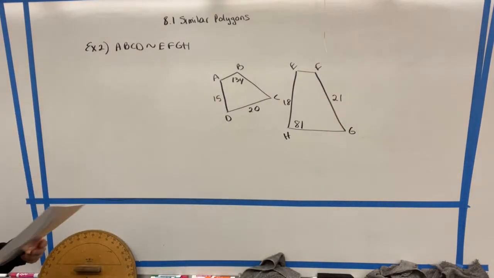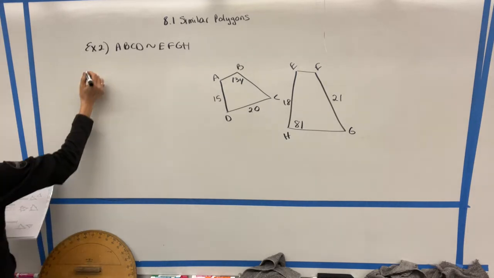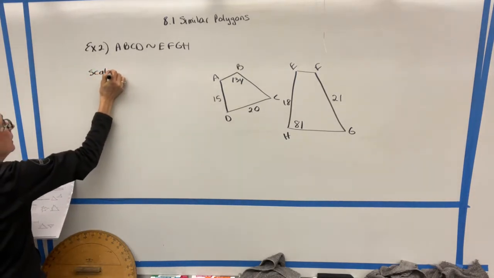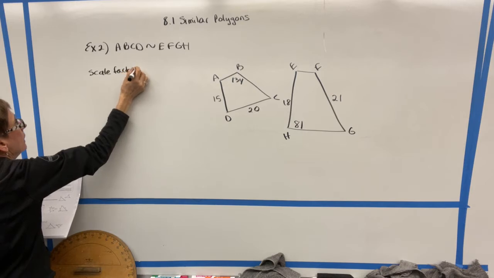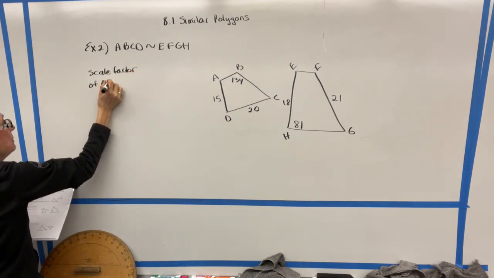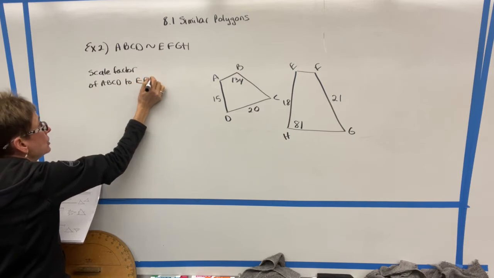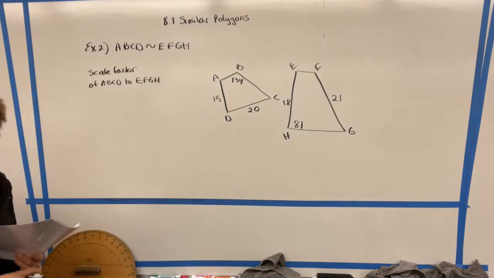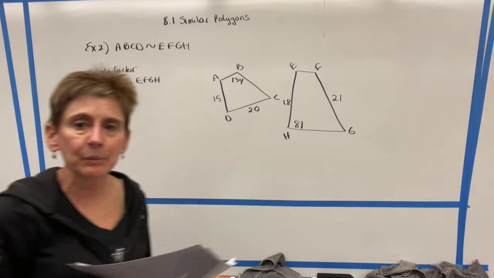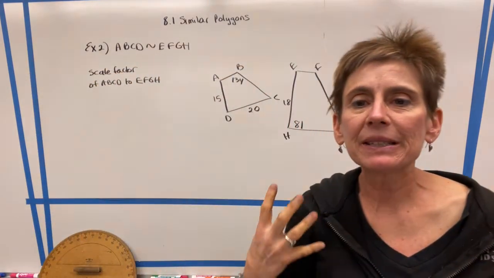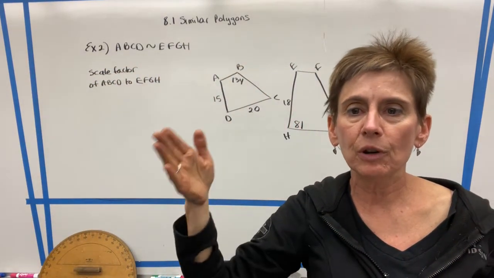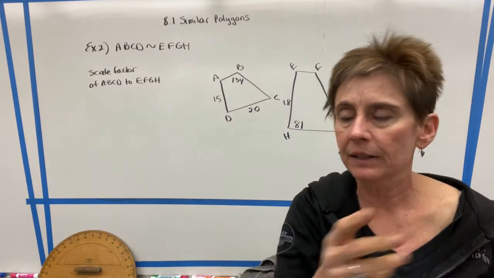So the first one says, find the scale factor of ABCD to EFGH. Now, when we're talking scale factor, the order is important. If it isn't specifically stated, we assume going from left to right.